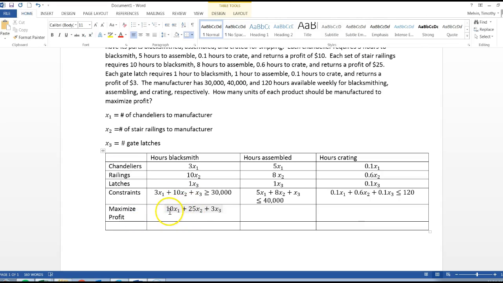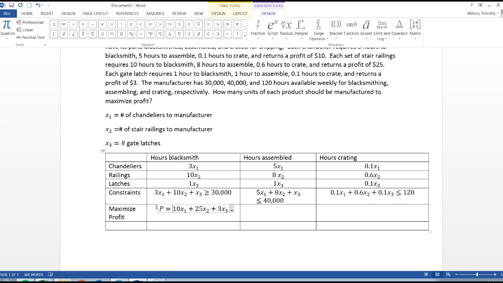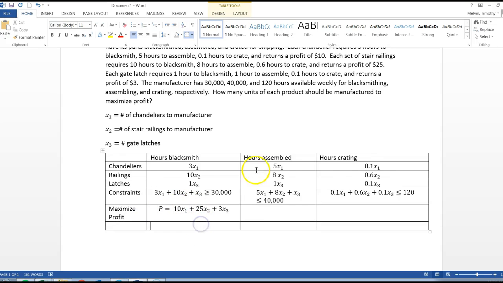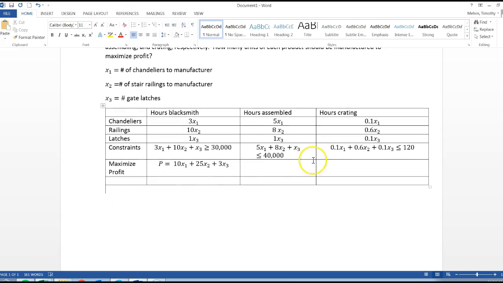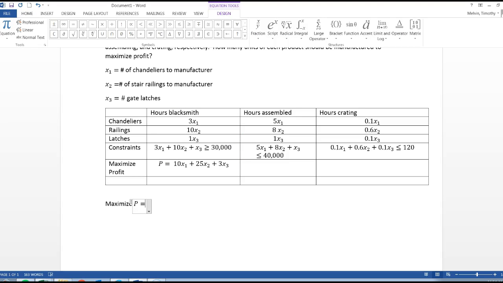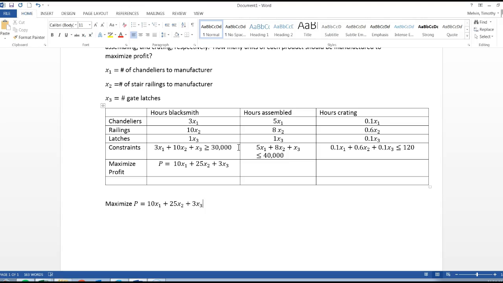So this is our profit function. I'll write P equals out in front, because that's what we're going to maximize. Rewriting all this, we want to maximize the profit P equals 10x1 plus 25x2 plus 3x3, subject to the constraints.